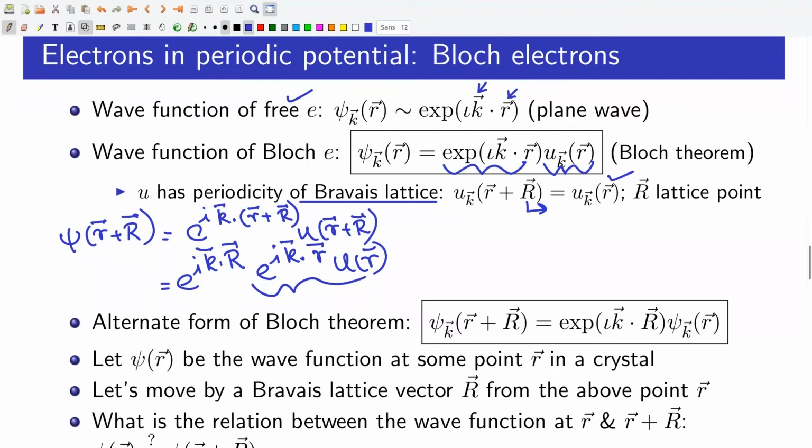And note that this is nothing but psi of r. Thus, psi of r plus capital R is equal to e power i k dot R times psi of r, where capital R is some Bravais lattice vector.